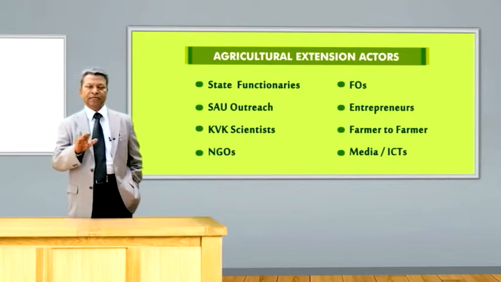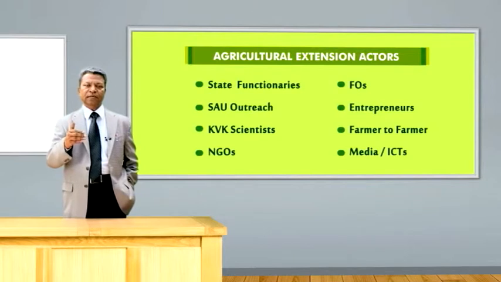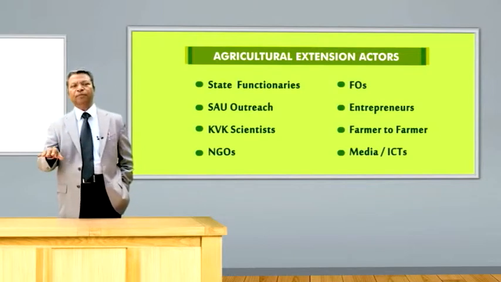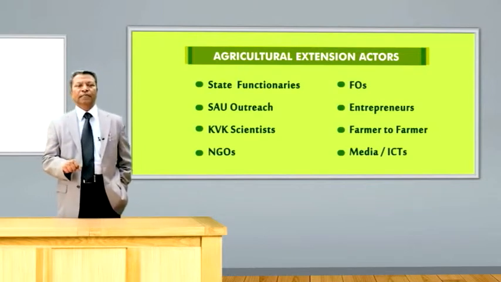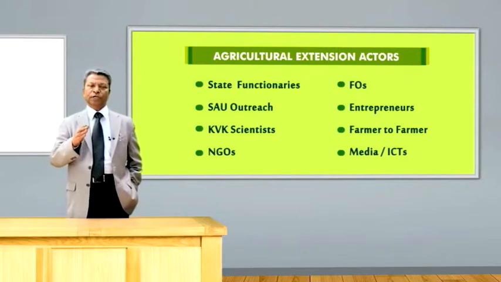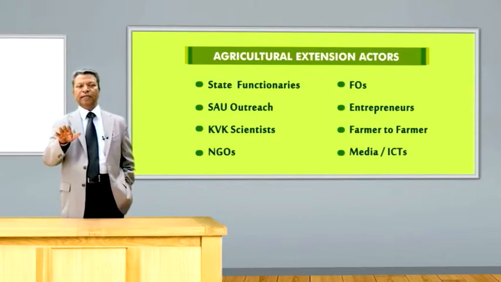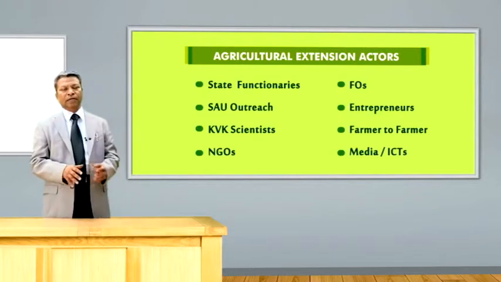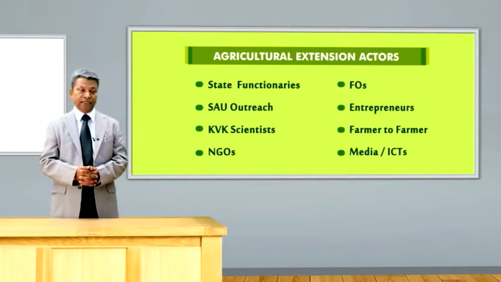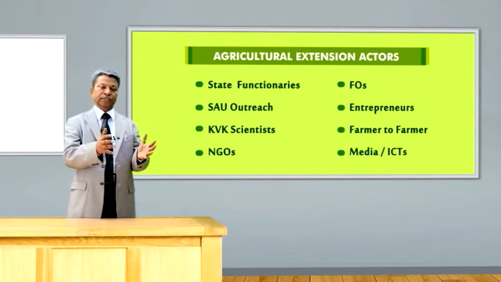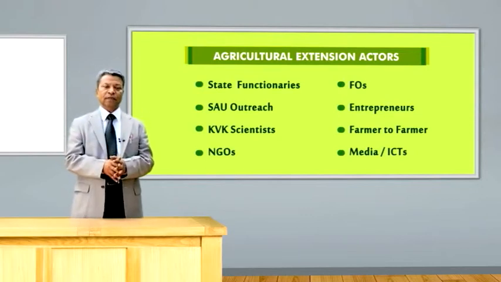There are state functionaries at the state level, at the district level, at the block level, and below the block. State agriculture university outreach programs are also supplementing extension efforts. Then there are Krishi Vigyan Kendra scientists. It's a district level organization and the team of the scientists.